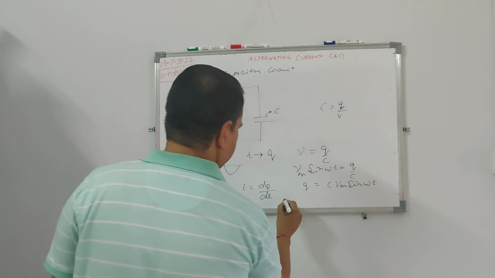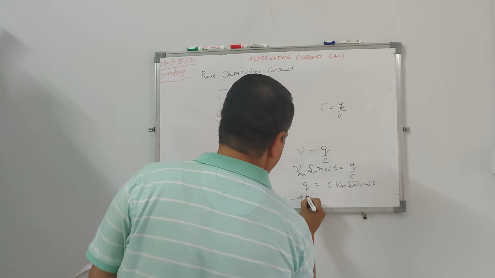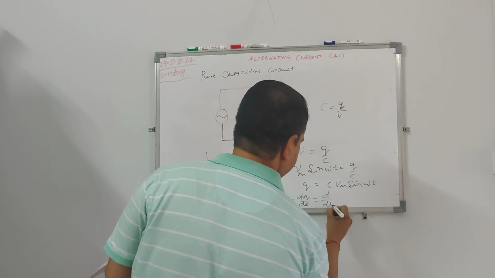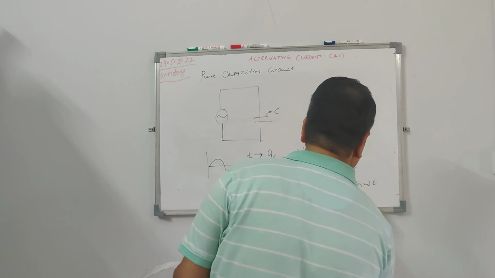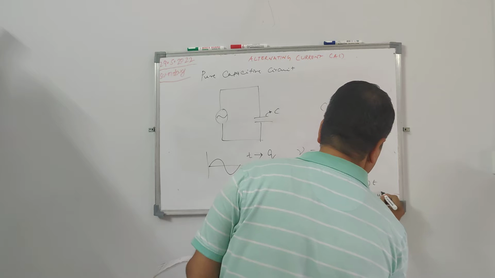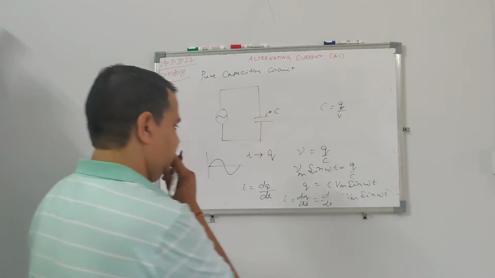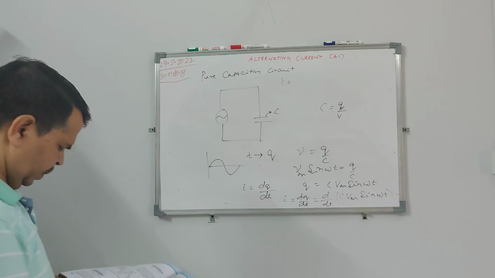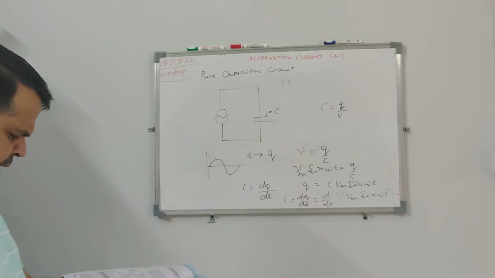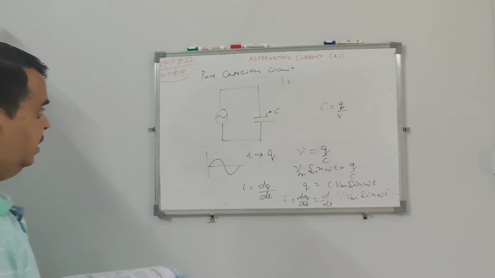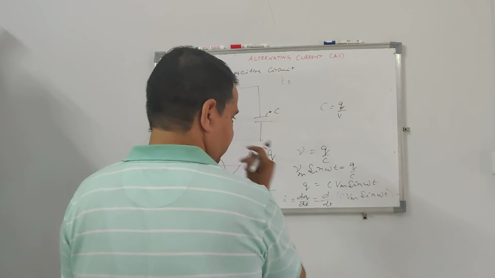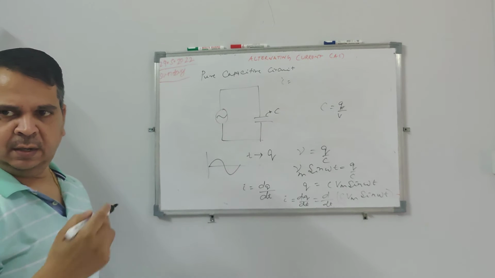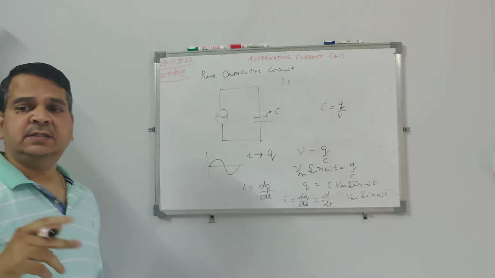So I is equal to dq by dt. That means d by dt of C Vm sin omega t. That constant will come out. So when this happens, your I will become, omega will come out.